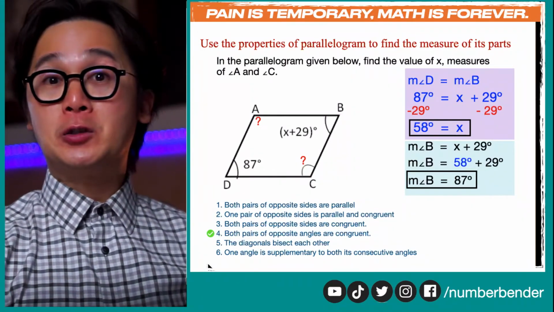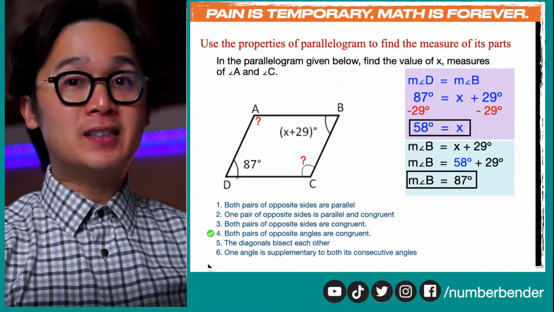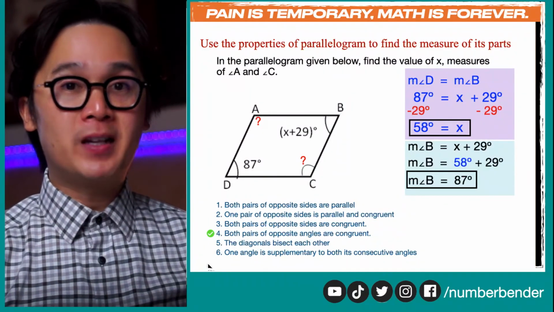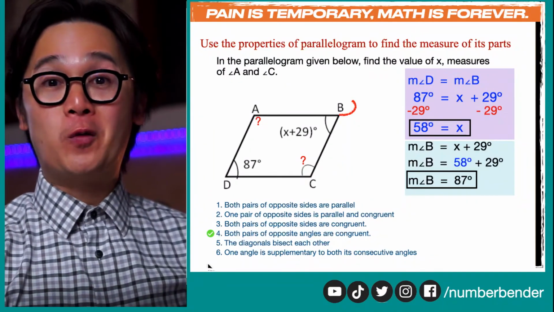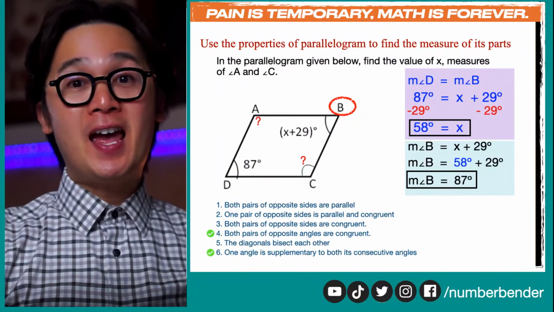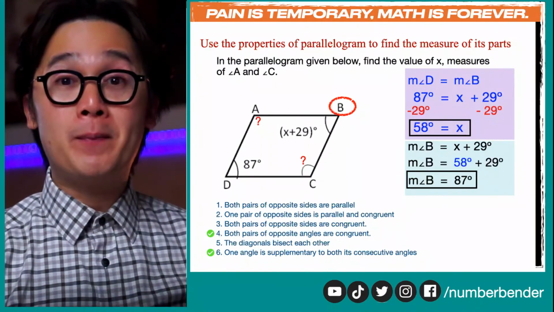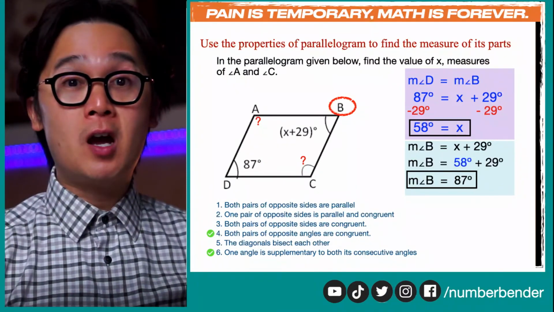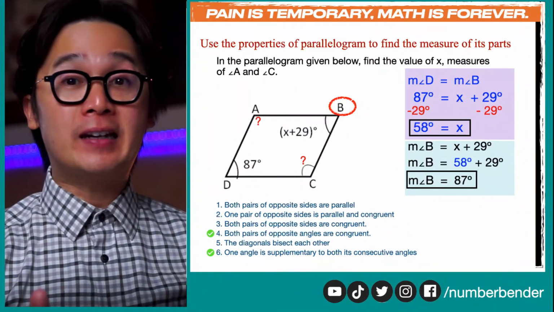And now that we have the two angles, we can now look for A and C using another condition. We're going to be using condition number 6 that tells us that consecutive angles in a parallelogram are supplementary, and in this case, measurement of angle D and angle C are supplementary, so they should equal 180 degrees.